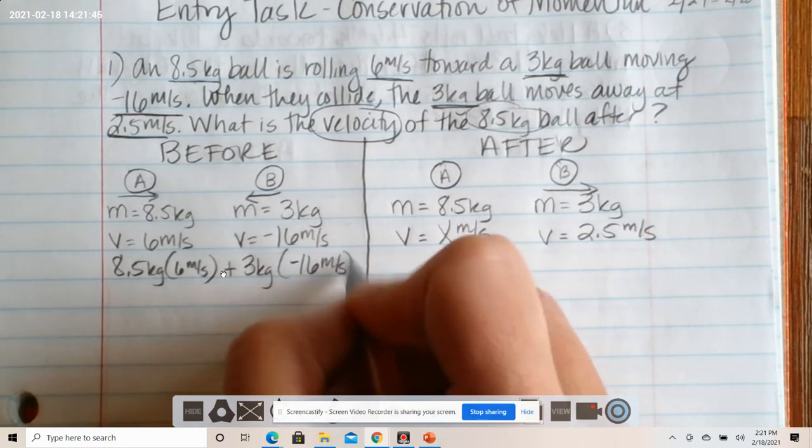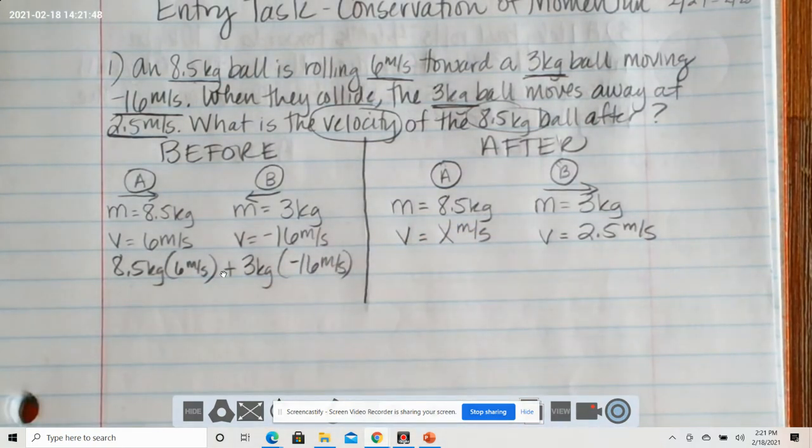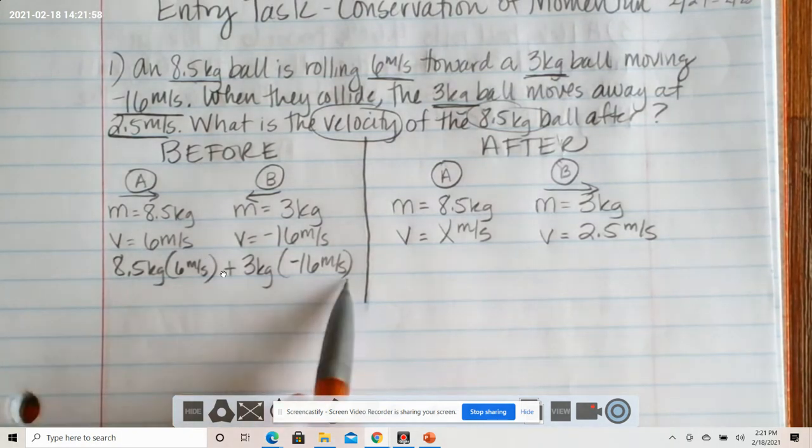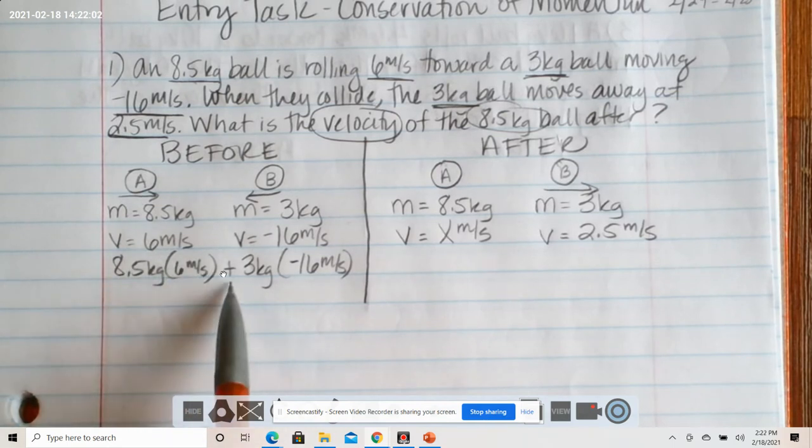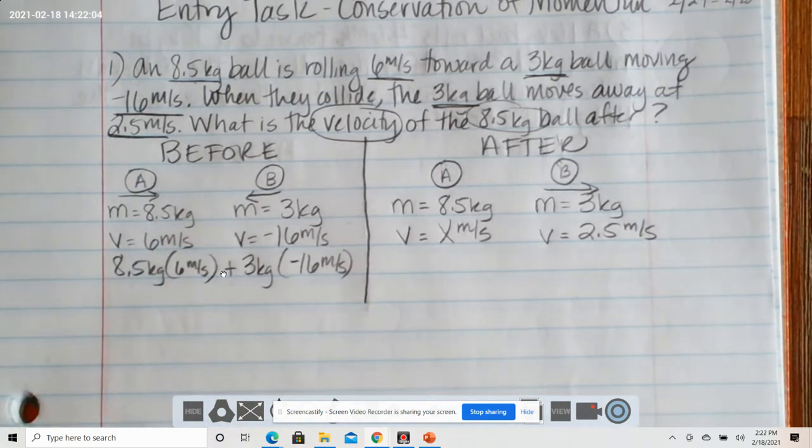Don't forget your negatives. That is crucial in answering these because it does make a difference in what your momentum before and after is going to be. So now we have a problem here that we can solve. We always multiply before we add. So we have to find both momentums before we add them together.